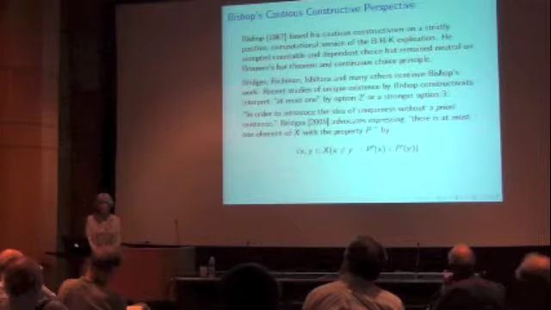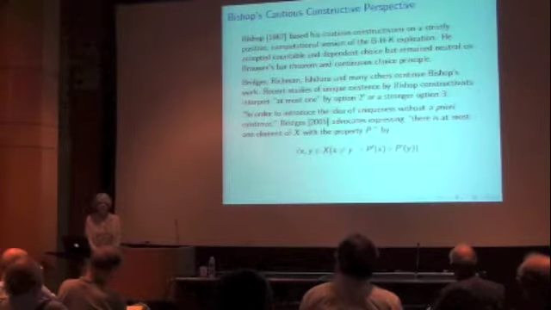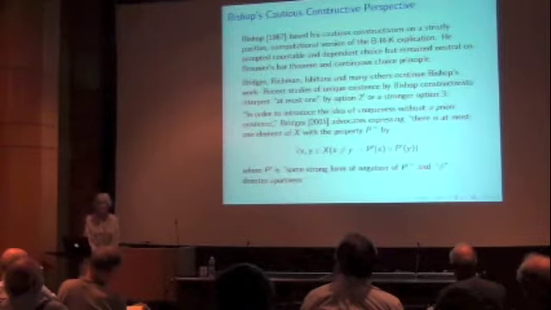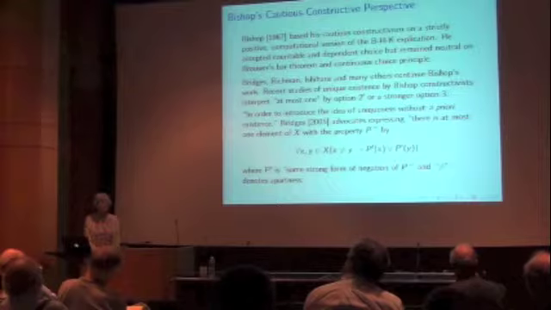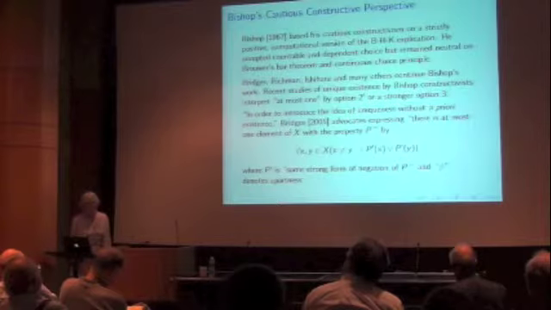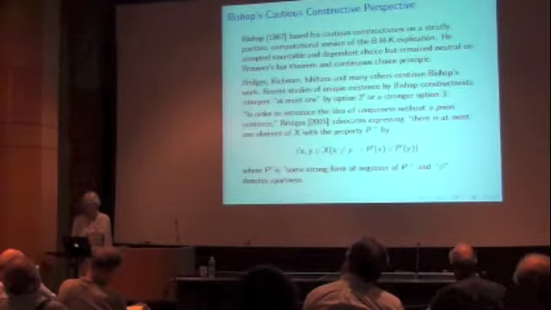Bridges advocates expressing there is at most 1 element of X with a property P by: for every x and y in X, if x is apart from y, then P prime of x or P prime of y, where P prime is some strong form of negation of P, which he doesn't really specify, but in each particular instance there is some effective, constructive version of the negation of P, which entails not P, but is stronger.